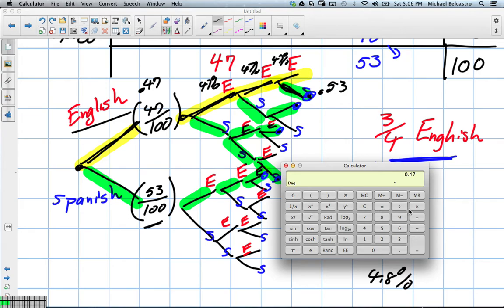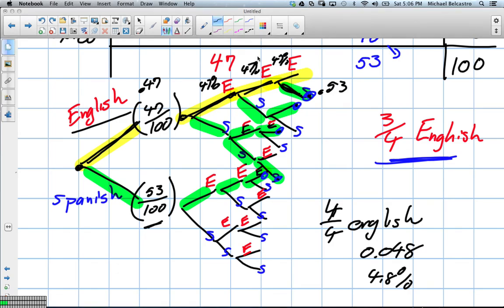That's 3 English guys, and then drawing a Spanish-speaking person times 0.53, which gives 0.055. Okay. This one was 0.055, which is roughly 5.5%.